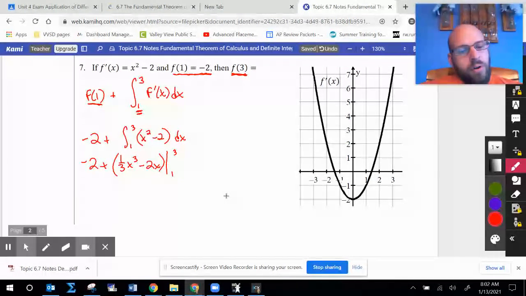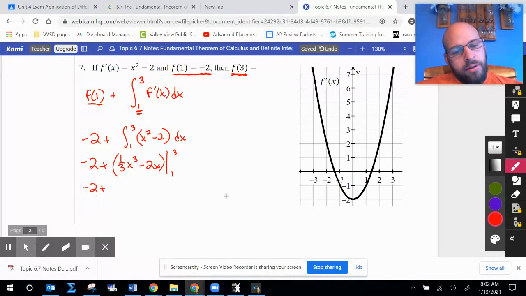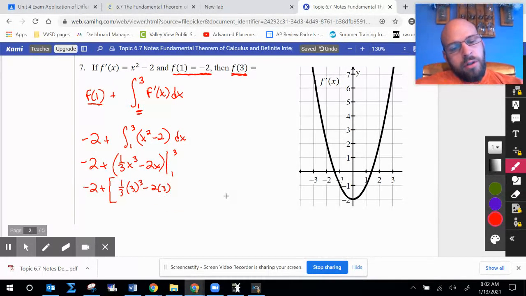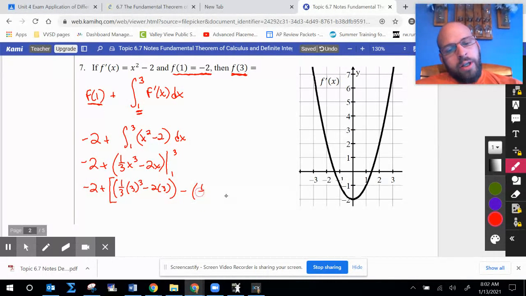Okay, so I have now -2 plus, if I plug 3 in, I have 1/3 times 3 cubed minus 2 times 3. And then I'm going to plug a 1 in. Right? And I'm now just going to reduce.